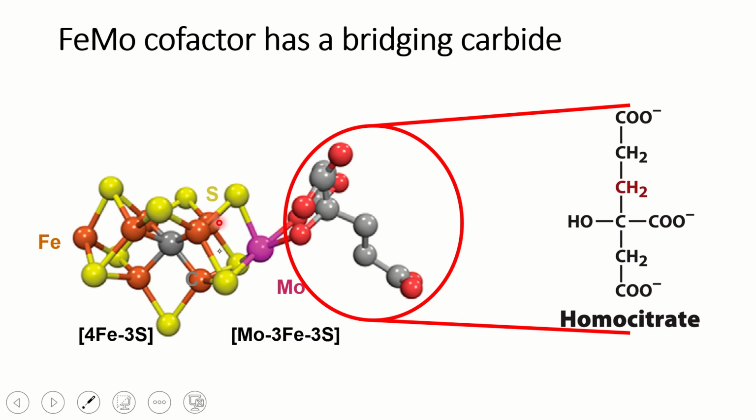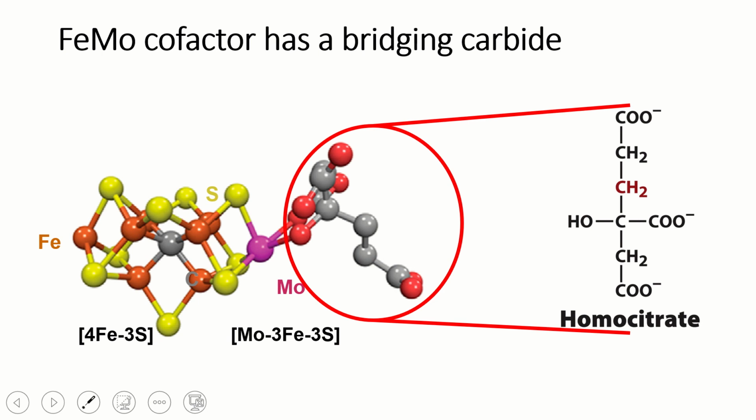In orange are the irons, 1, 2, 3, and then over here is a molybdenum. Attached to the molybdenum as well is a homocitrate ligand, which is shown here as a schematic. And in the middle of all this, bridging the two metal sulfur clusters, is this atom, which for a long time was unknown, but was postulated to be either oxygen or nitrogen.